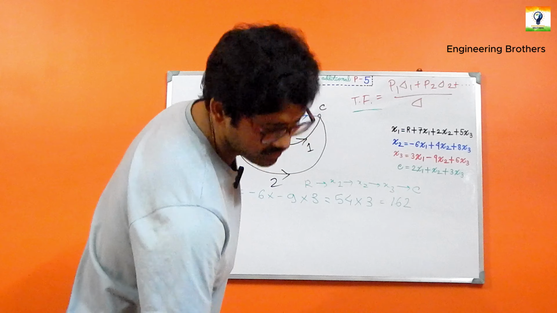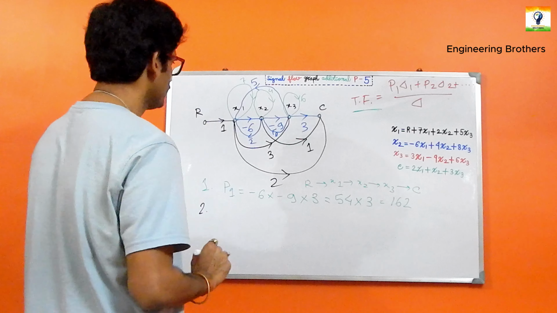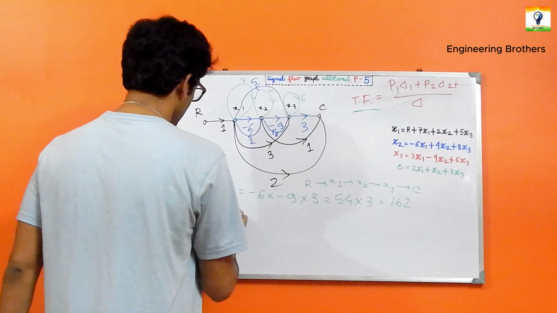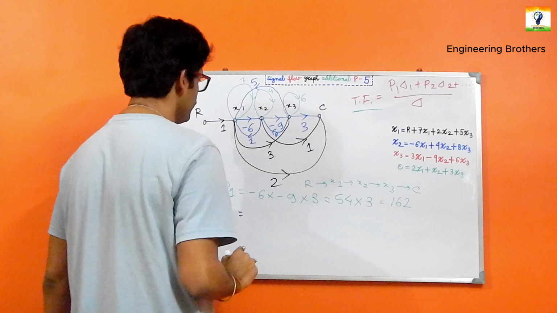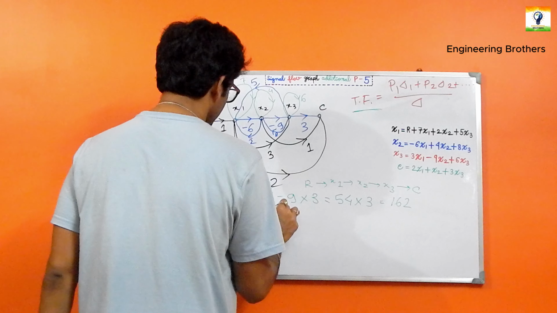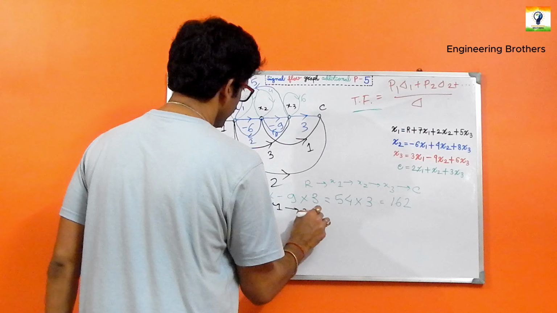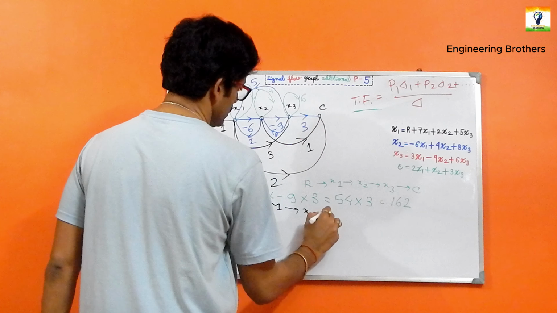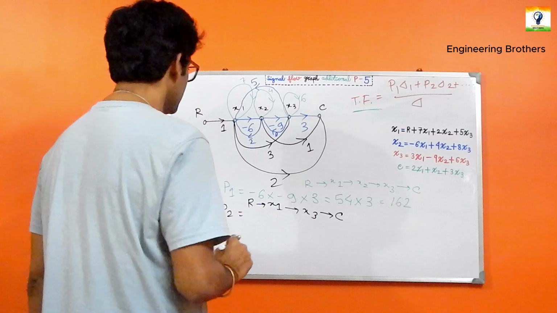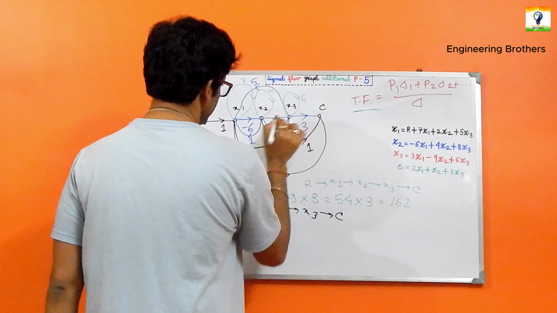And let us consider another forward path. The next forward path will be from R to X1, then to X3, then to our C. Now what is the gain for that one, which is 1 multiplied by 3.